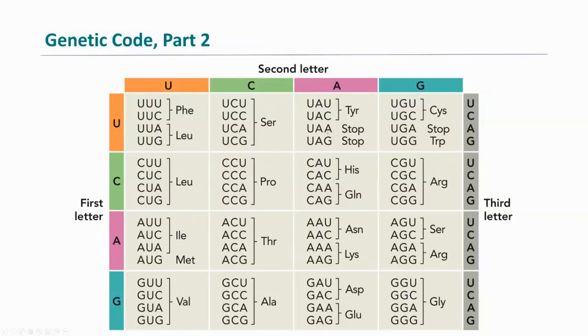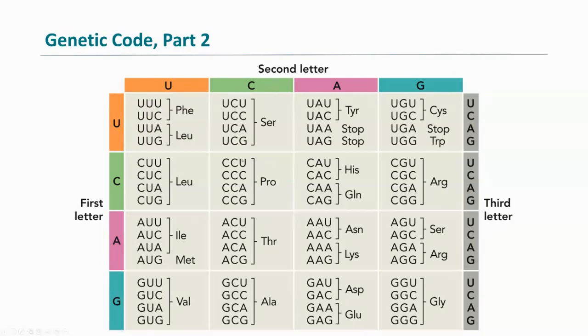And then we also have the stop codons, UAA, UAG, and UGA. And also the wobble effect, the wobble base. For example, CCU, CCC, CCA, CCG differ on the third position of the codon.